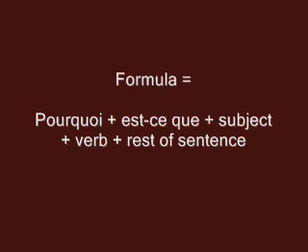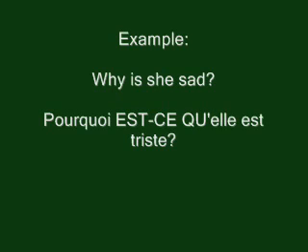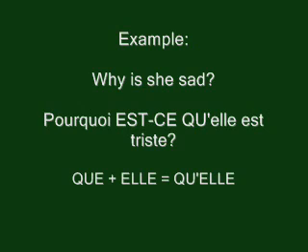The question that we'll give here as an example will be, again, why is she sad? Using the method with est-ce que, it will be pourquoi est-ce qu'elle est triste? If you wonder why I'm using est-ce qu'elle instead of est-ce que elle, I have several times explained what happens in this case.